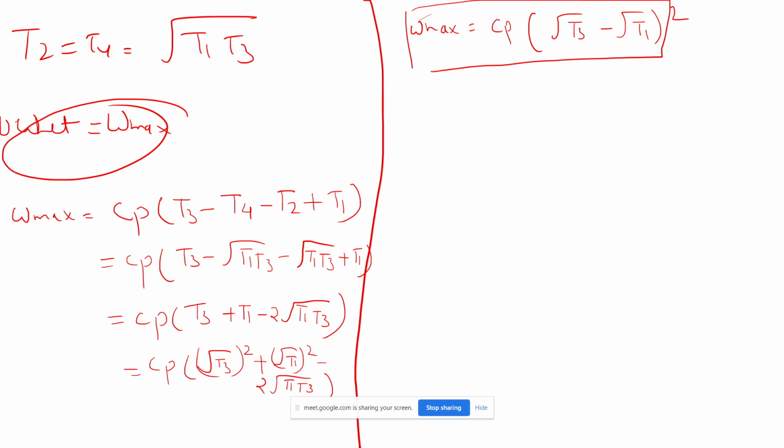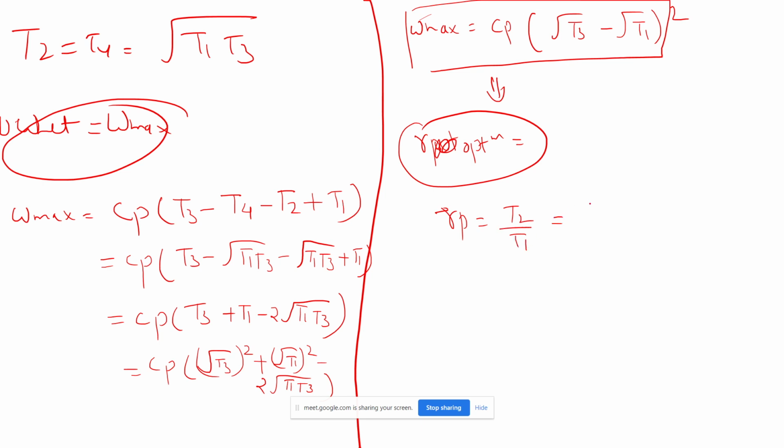Now, corresponding to this maximum work, what will be the optimum pressure ratio? The pressure ratio we wrote previously: Rp is equals to P2 upon P1, which can further be written as (T2 upon T1) to the power gamma upon gamma minus 1.